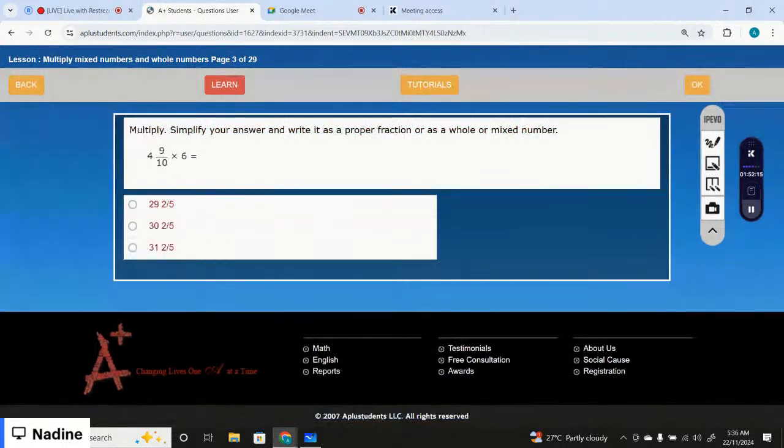The next one is 4 whole times 6. So which is the correct option? That is 49 over 10 times 6, right?